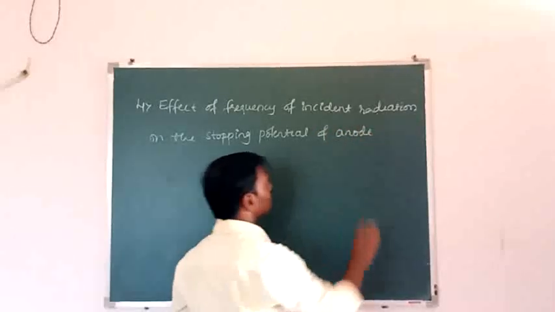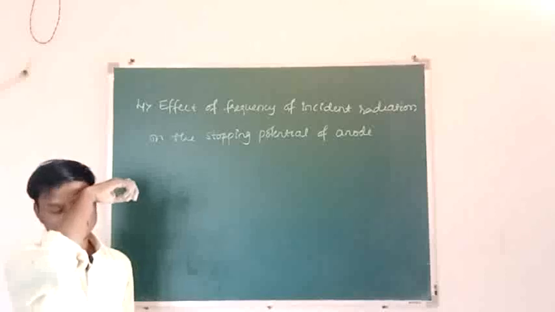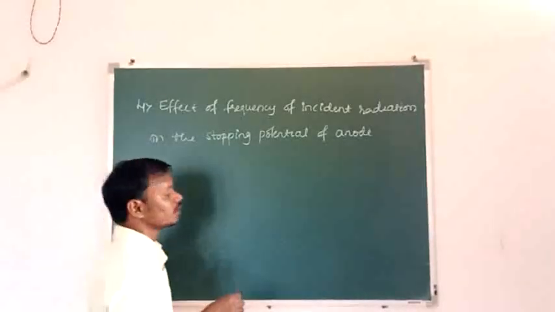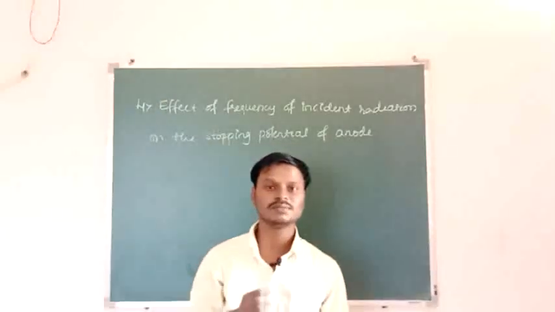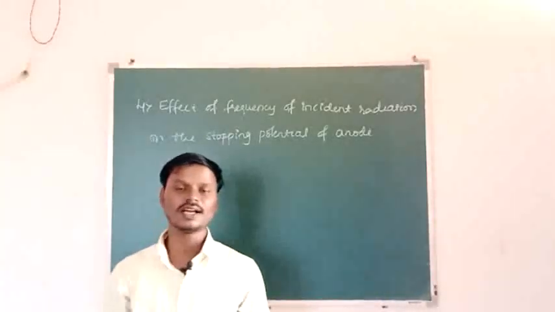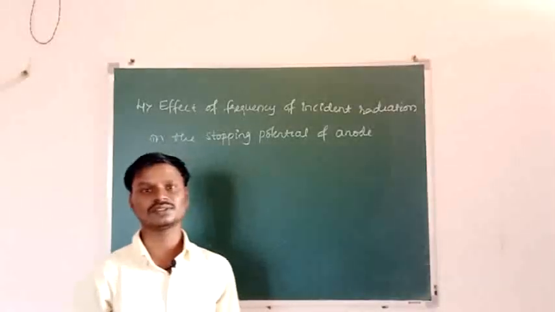Means here, how the frequency of incident radiation affects the stopping potential of the anode. What do you mean by stopping potential? It is the minimum negative potential given to the anode to make the current in the circuit zero.